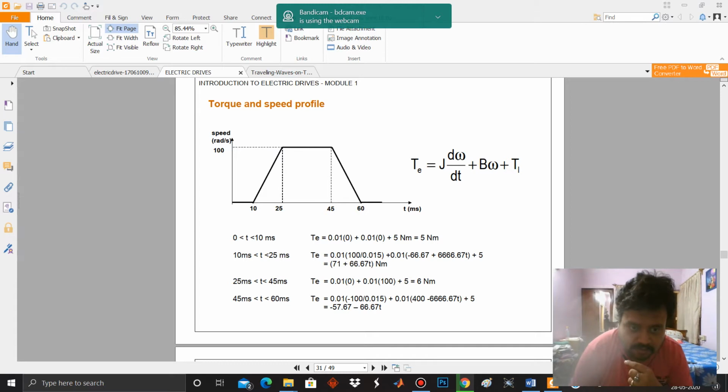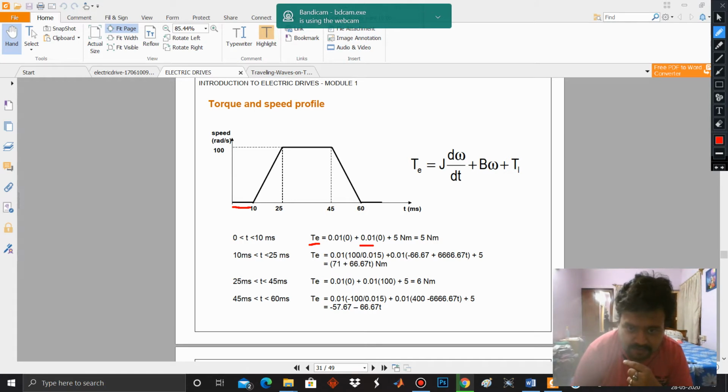From 0 to 10 milliseconds, what will be the electromagnetic torque? Substitute in this particular equation. J is 0.01, and what is d omega m by dt? Omega is 0 over here, so the derivative is 0, plus B is 0.01 into omega.